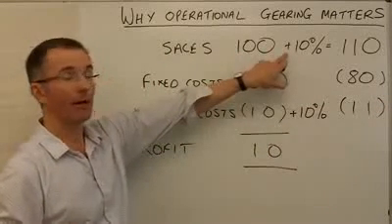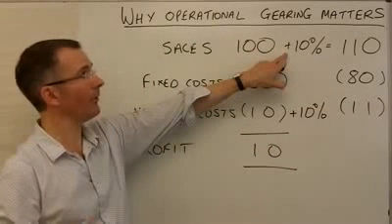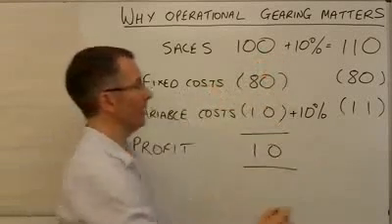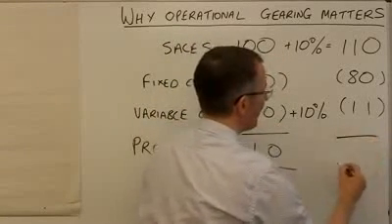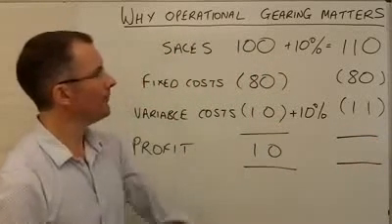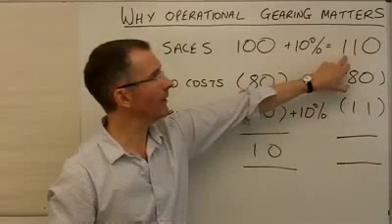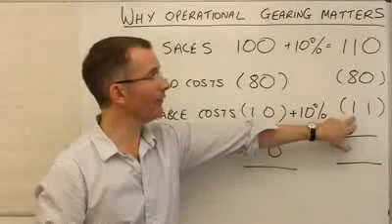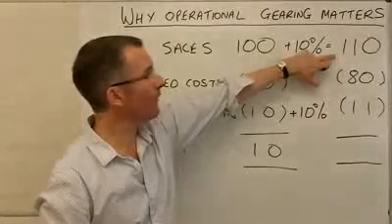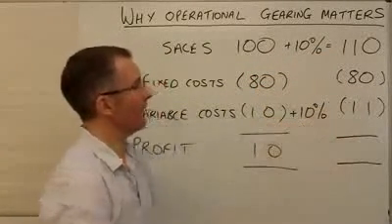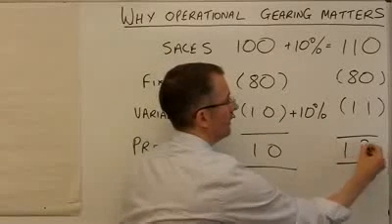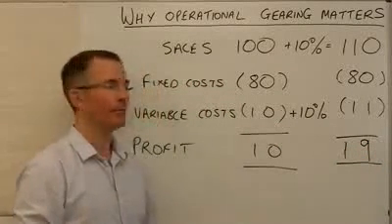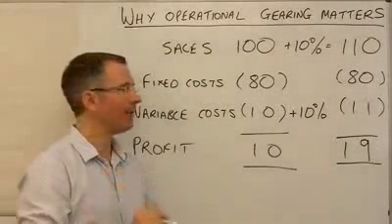So a 10% increase in sales, great, all businesses want to achieve increased sales, moves the profit figure to 110 minus those fixed costs minus those variable costs, so that's 110 minus 80 minus 11, that's 19. Now something quite interesting has happened here.